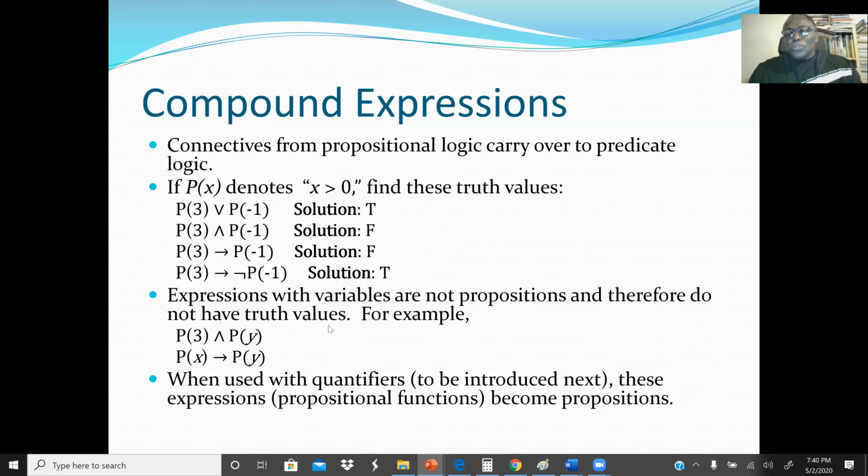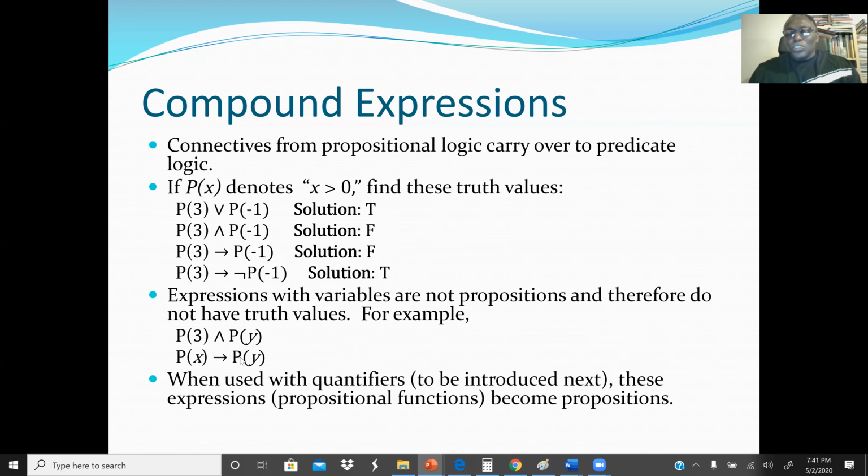Now, expressions with variables are not propositions and therefore do not have truth values. So for example, if I say P(3) and P(y), I don't know, y is a variable. We don't know whether it's true or false. So this is not a proposition. Or if both are P(x) implies P(y), both are variables again.